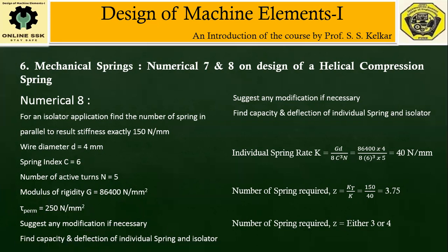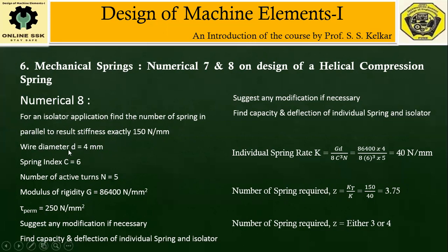In this application, they have specified that n number of springs, or Z number of springs, are used in parallel. Whenever springs are in parallel combination, their effective stiffness will be calculated as mere summation of individual stiffnesses. Effective stiffness Ke will be given by K1 plus K2 plus K3, etc., whenever the springs are in parallel combination.